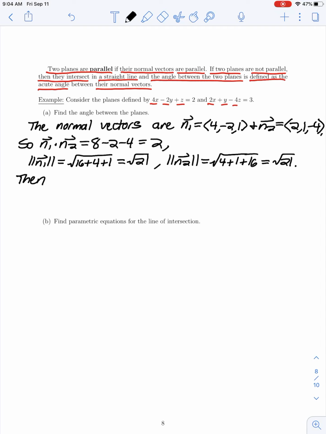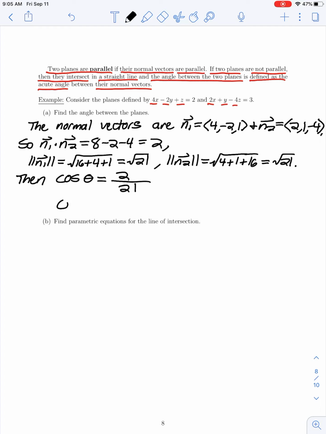So using the formula that we had for the angle between vectors that we saw in section 2.3, if theta is the angle between these normal vectors, which is the angle between the planes, then cosine of theta is given by the dot product of our two vectors, which was 2, divided by the product of the magnitudes of n1 and n2. Now, since they were both square root of 21, when we multiply root 21 by itself, we're left with just 21.